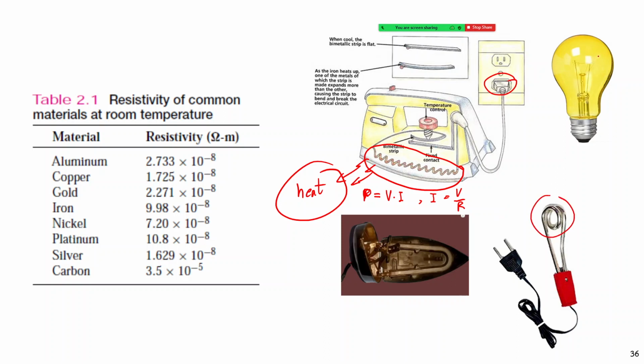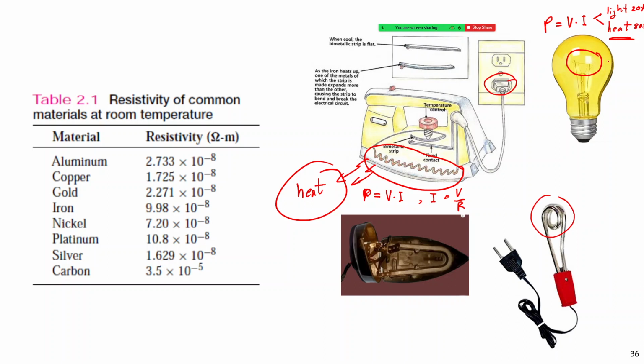And here is also the lamp bulb. To make light and heat, the power, which is V times I, is transferred into light and also heat, right? Mostly into heat. The light is maybe just 20%, not more than 20%, and almost 80% is heat.